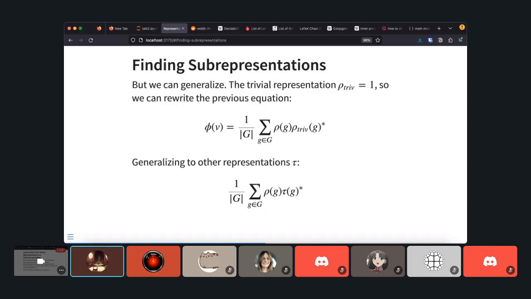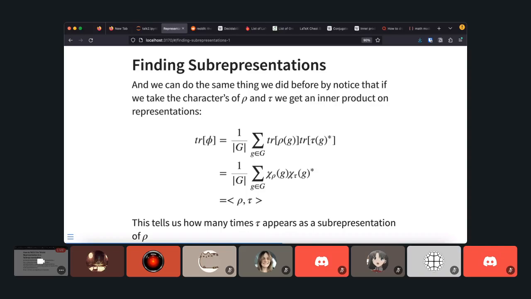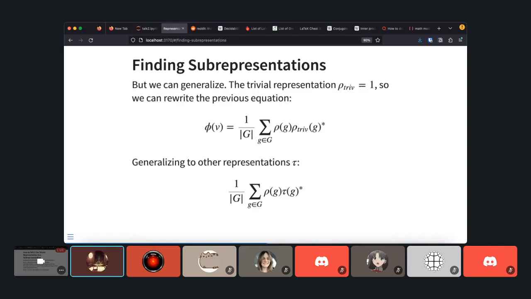We can multiply these together, and this ends up being incredibly useful. We have this new map, the new phi, where we have two representations, and down there it's matrix multiplication, a sum of these matrix multiplications.